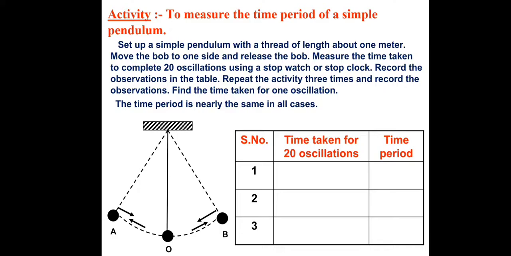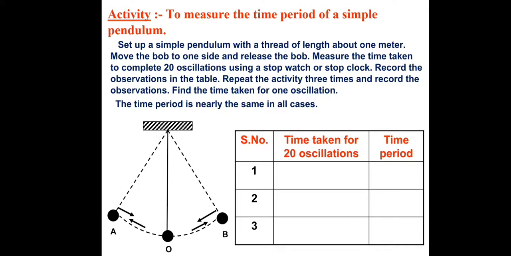Now there is one activity which you will perform at home to find the time period of a simple pendulum. You set up a simple pendulum with a thread of length about 1 meter, move the bob to one side and release it.